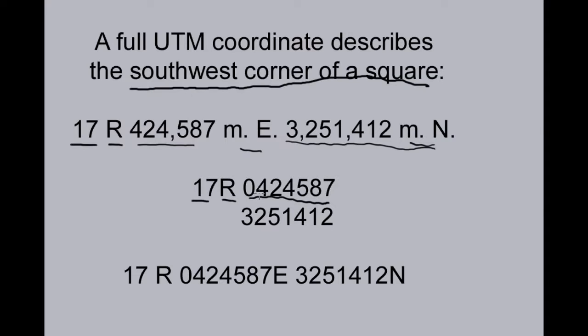You notice eastings are only 6 digits, but what they've done is just add a leading 0 to give 7 digits, to balance it out with the northing, which has 7 digits. Down here is another way it's written. You've got the zone, the quadrant, the easting, and here all they've done is just add the letter E for easting, and the northing, and here they've added the N to show it's a northing.